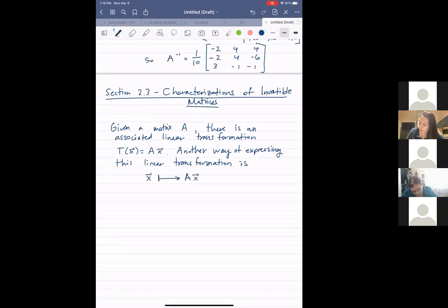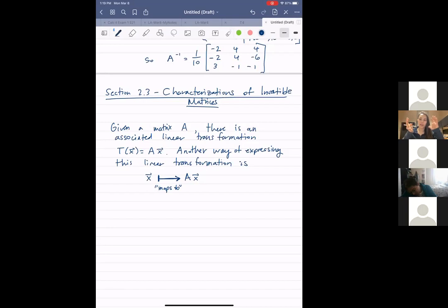Notice there's this backstop on the arrow, a line, then an arrow, and then this is your image of x. You can read this arrow as saying "maps to." So x maps to A times x, right?